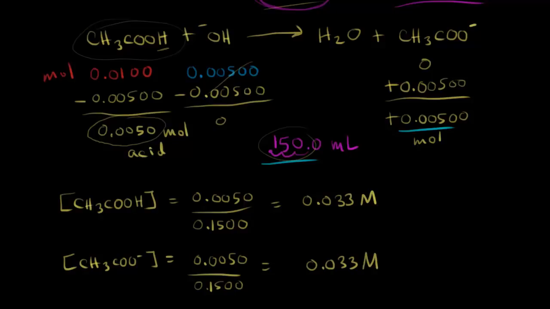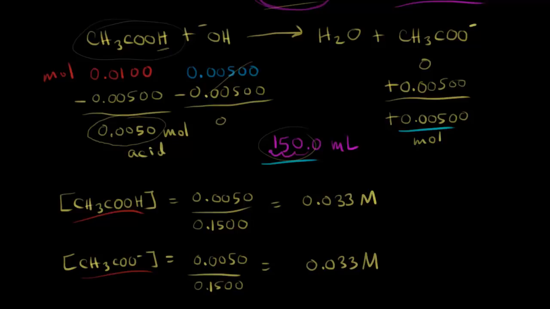So we have equal concentrations of a weak acid and its conjugate base. And that makes me think about a buffer solution. So that's what we formed here. As we drip hydroxide ions into our original acidic solution, we're slowly forming a buffer solution. And here we have equal concentrations.